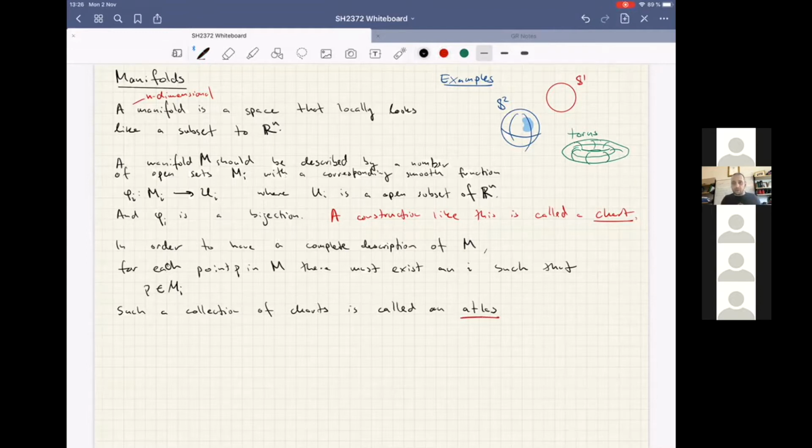The atlas is complete if for every point on the Earth there exists at least one chart that shows you where that point is. So for example, if you're in Stockholm, in order for the atlas to be complete, Stockholm must exist in at least one of the charts that is in that atlas.